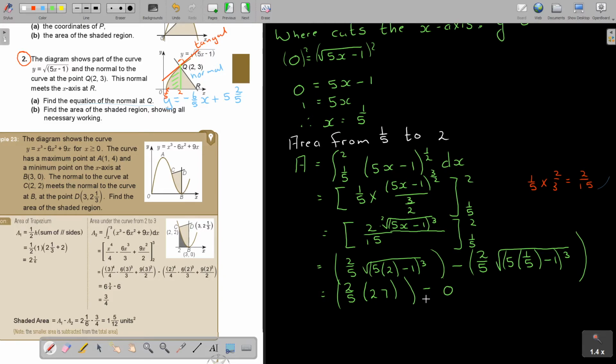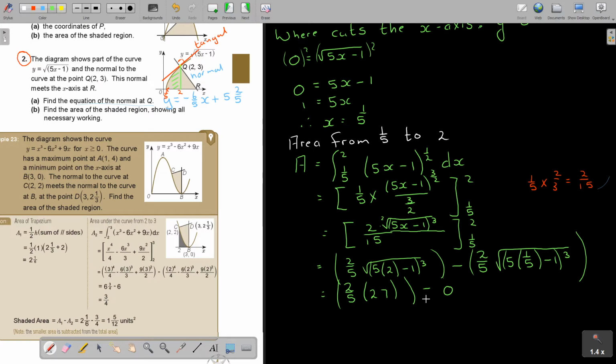So it's multiplied, and that is going to give me an answer of, let's just see if I made a mistake here. 3 over 2, it's 2 over 5 multiply 27, and 4 over 5.